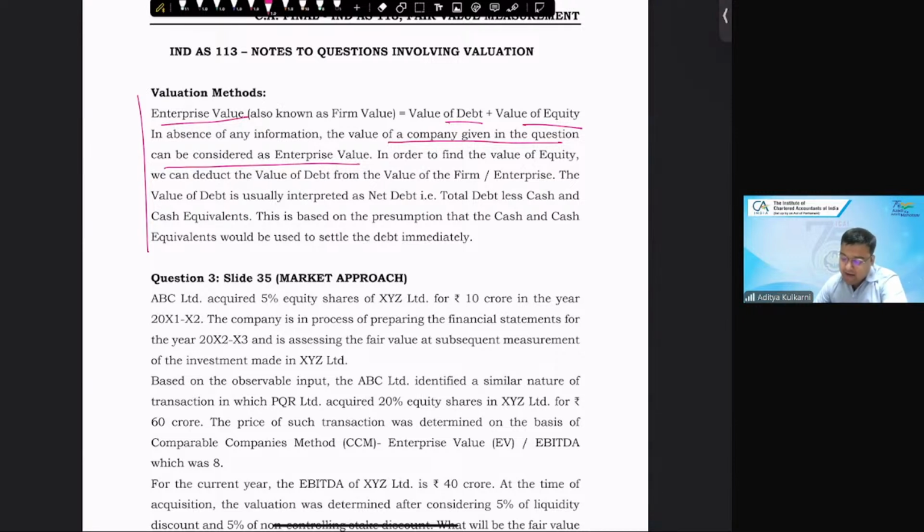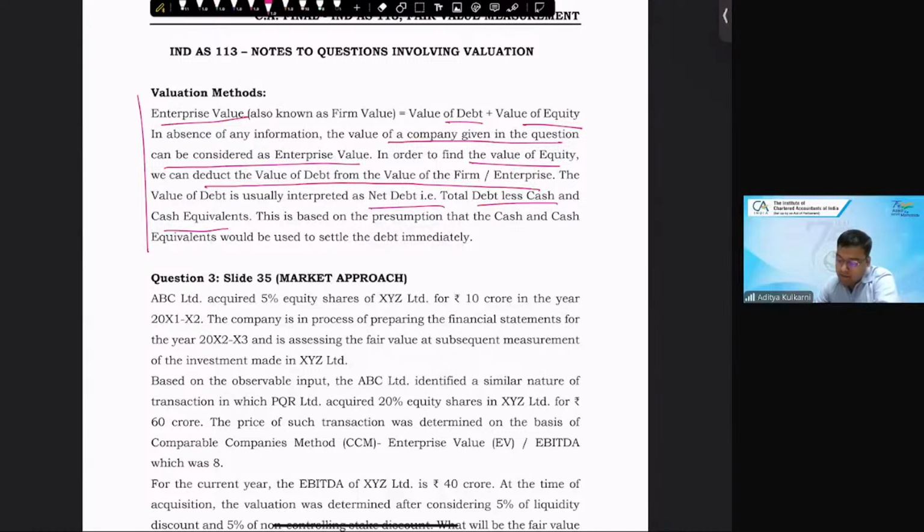To find out the value of equity, क्या करोगे आप? You just remove debt from the enterprise value. To find value of equity, deduct the value of debt from the value of the firm or the enterprise. Value of debt. Debt क्या है? Debt is usually interpreted as net debt, being total debt minus cash and cash equivalents, because obviously those can be used to fund the debt immediately.